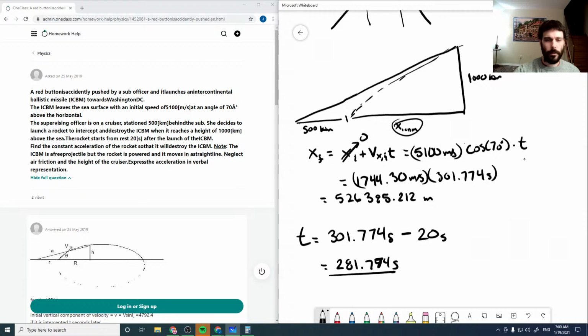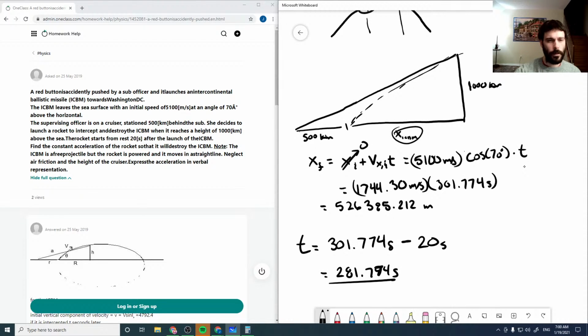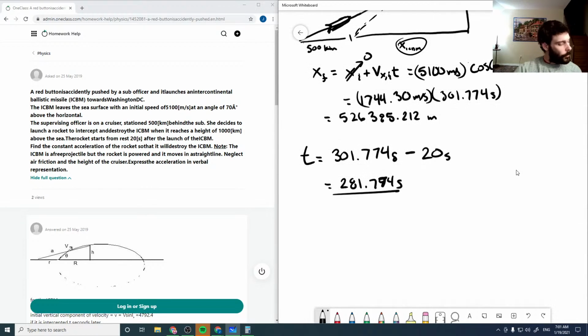The rocket is going to travel in a straight line. And we just need to find the constant acceleration of the rocket. It doesn't matter what force is being applied, we just need to know what acceleration the rocket needs. And so for that, we can use our kinematic equations. And so we're just going to use an RF version.